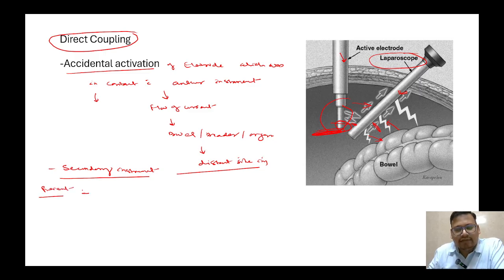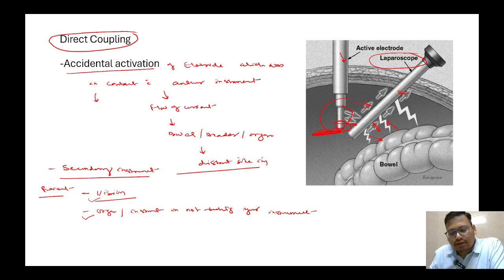Anytime you are doing surgery using electric monopolar or bipolar cautery, you have to do it under vision, and be careful that no other instrument or organ is touching your electric instrument or in its vicinity.